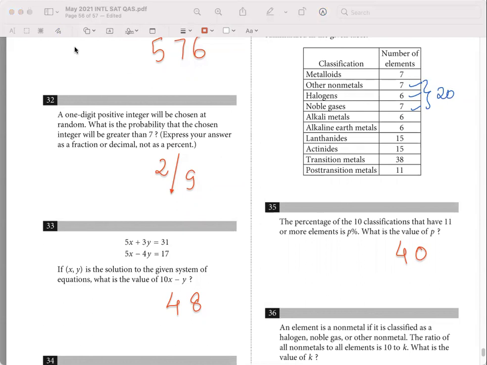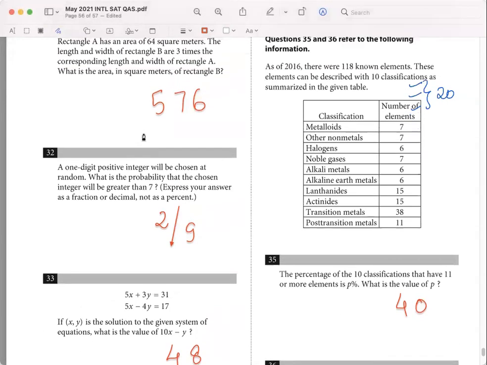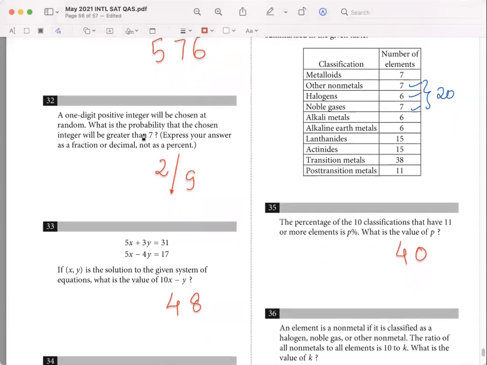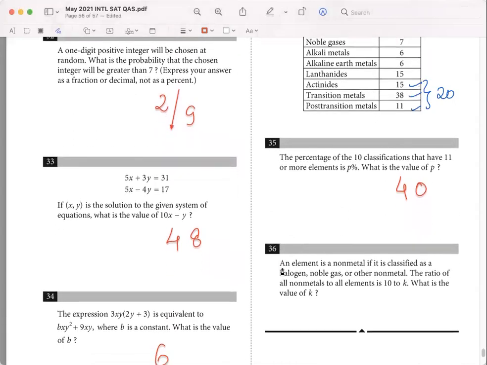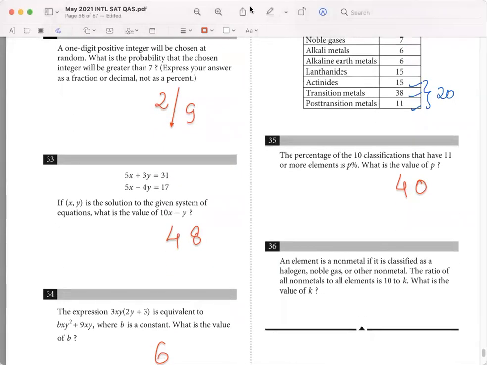And all elements is 118. So my ratio is 20 to 118, and that is equal to 10 to k. So the 0 cancels. So k is 118 by 2. 2 5s are 10, 2 9s are 18. So k is 59.